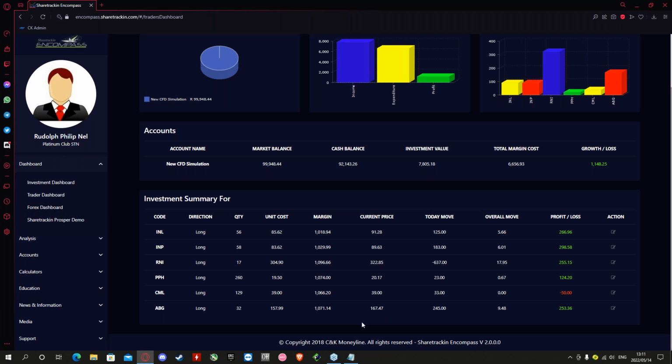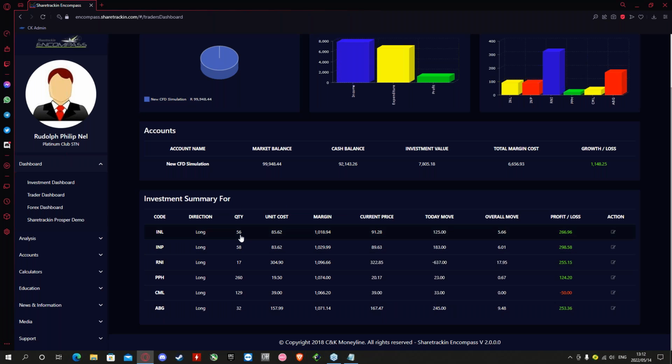You're saying that the US dollar is going to go up, but the rand is going to go down. If you put in a sell order, then you're saying that the rand is going to go up, but the US dollar is going to go down. So you're trading against the dollar instead of for the dollar if you put in a sell order or a short. Okay, so you will be able to do long and short on the simulation as well.